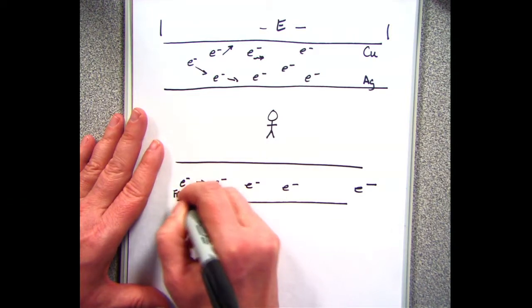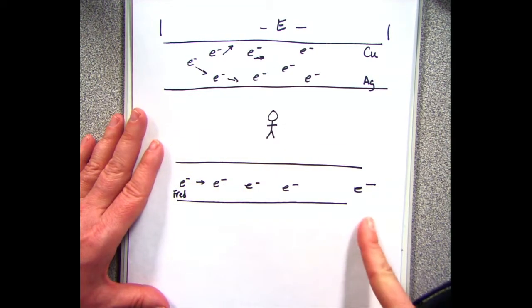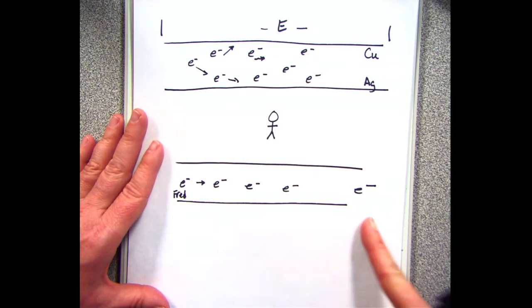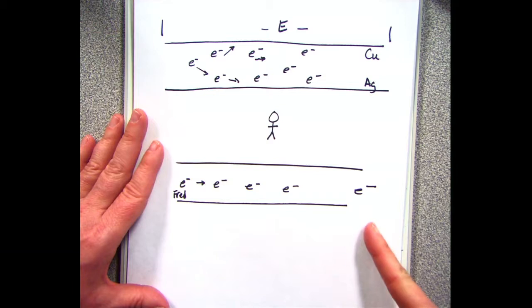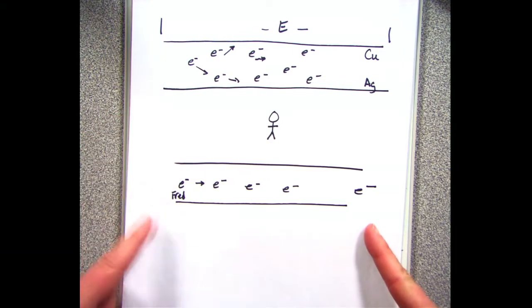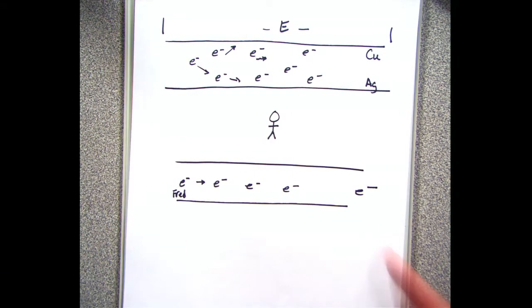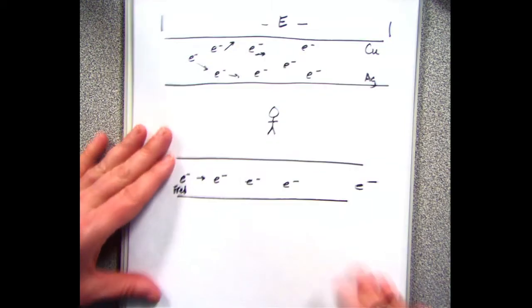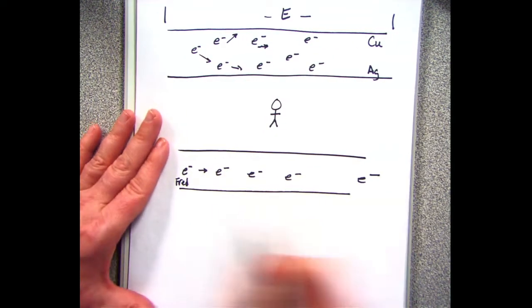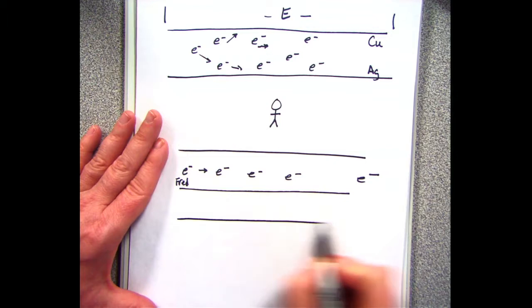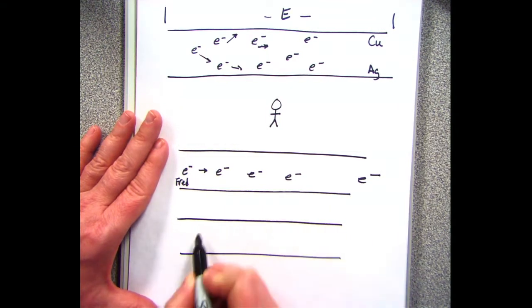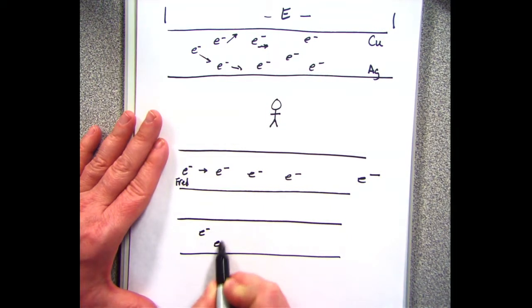But what we can think about is this as a flow of electrons. If I have an electric field that's causing those electrons to move, it's going to look, if I'm standing here, like the electrons are flowing through the wire.